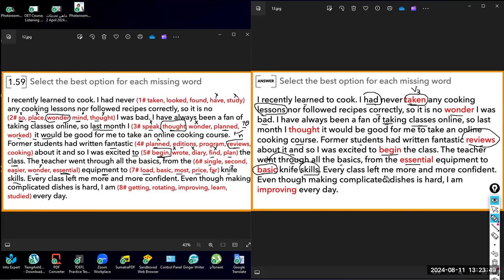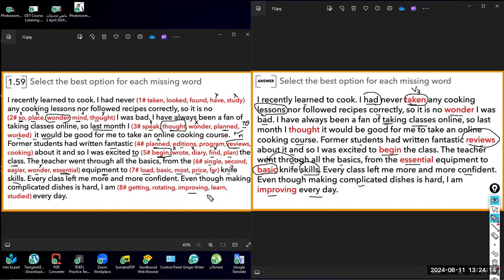Every class left me more and more confident. Even though making complicated dishes is hard, I'm improving every day. So notice, guys, that I have to choose improving because I'm talking about learning. Now, if you are talking about learning, for example, learning the English language, you have to say I'm improving.